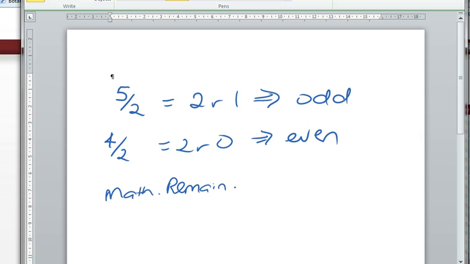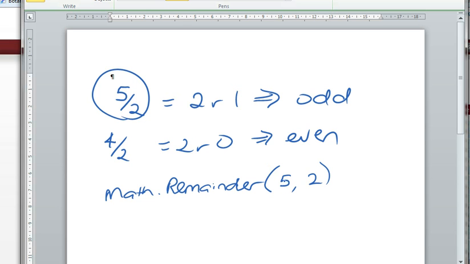So Math.Remainder calls a little program that comes with Small Basic, and it goes out and calculates the remainder. But what you have to give it is the first number, which is the dividend, and in this case the dividend is 5 and the divisor is 2.